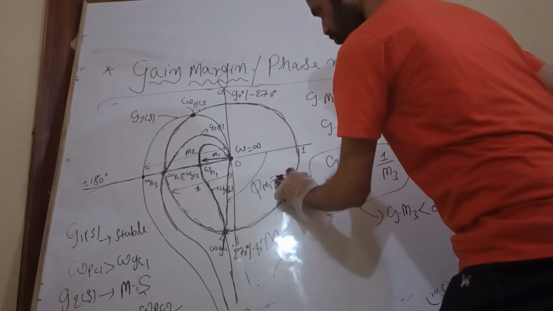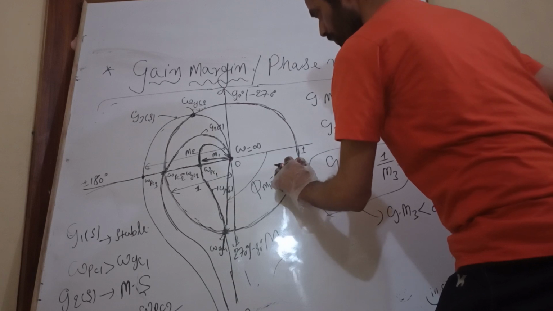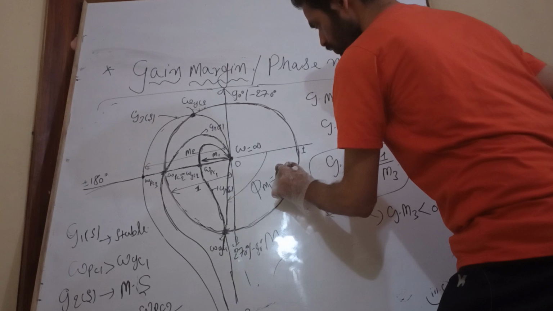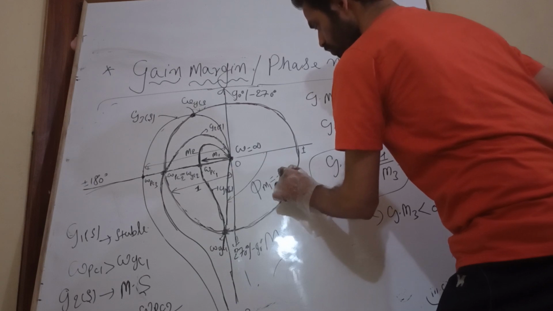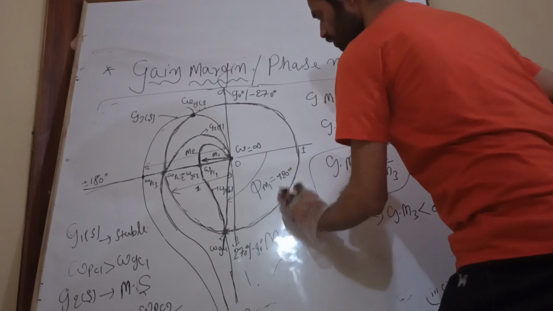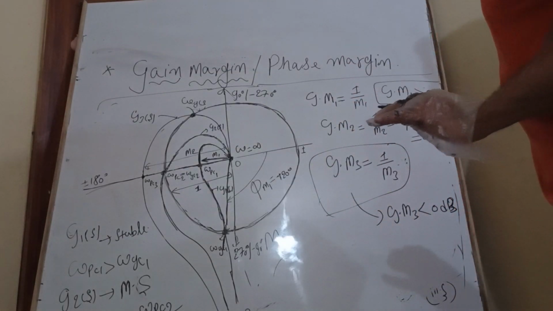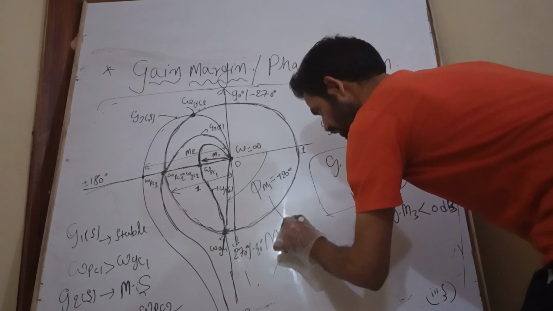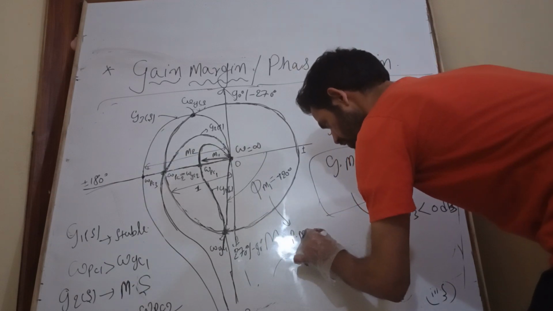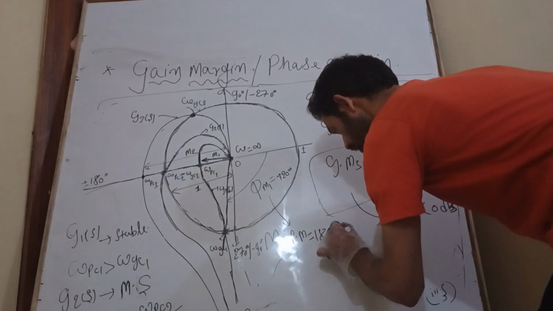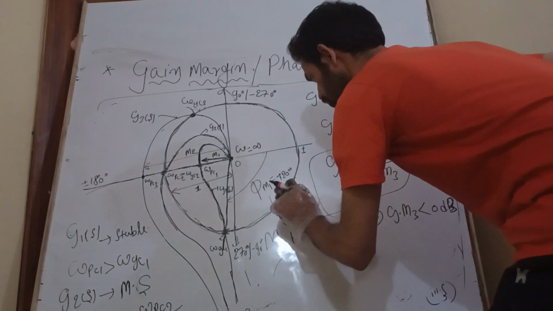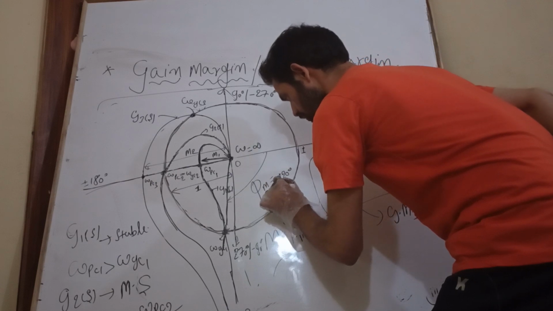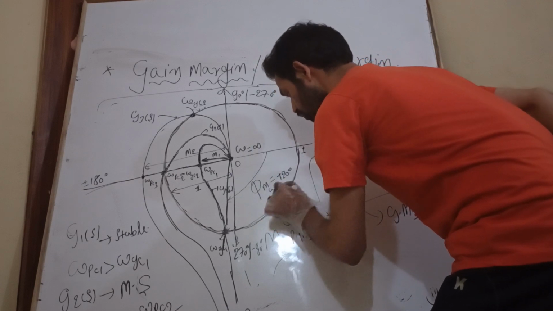Let's say this angle is minus 120 degree. Then what is the phase margin for this? Phase margin is nothing but 180 degree plus the angle at omega gc.